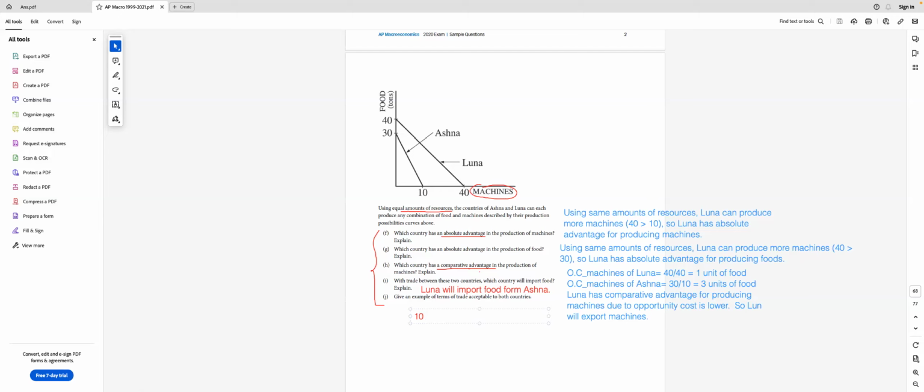Let's take a guess, maybe one possible terms of trade. Luna now is exporting machines.